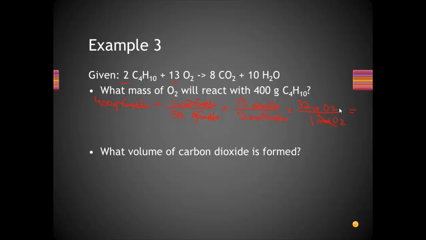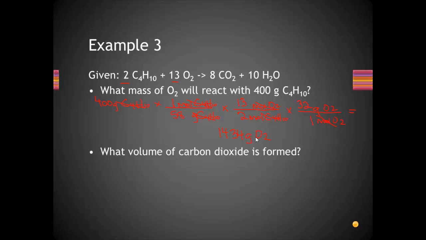And I'm going to get as an answer here 1,434 grams of oxygen. It's quite a large number, but we're starting with 400 grams of butane, which is also a pretty big amount, so don't let that bother you.